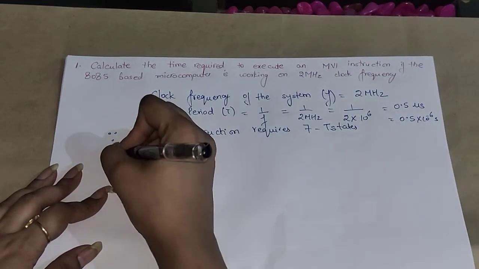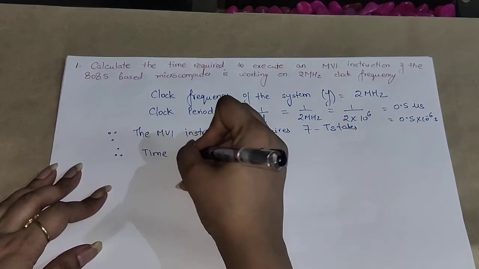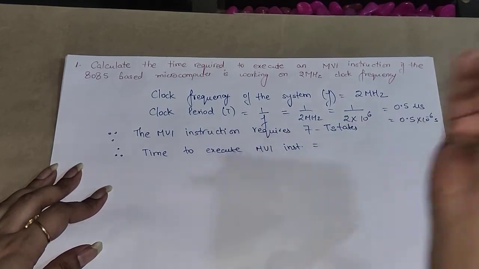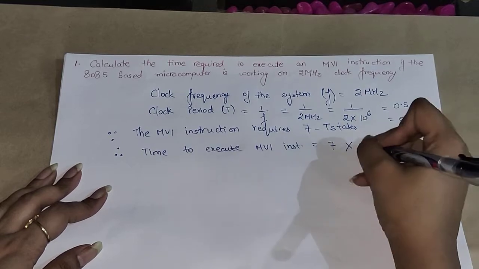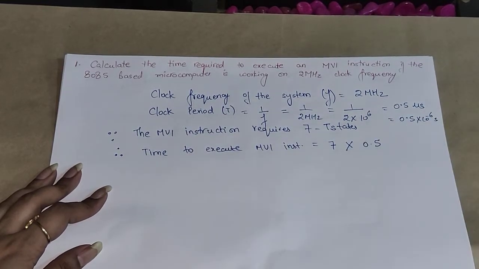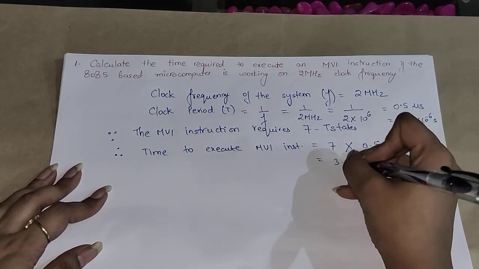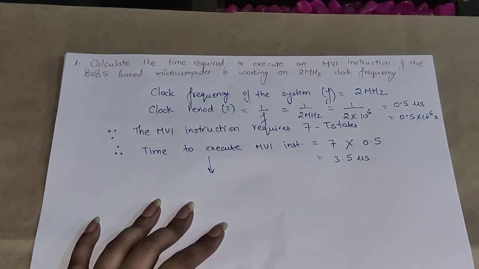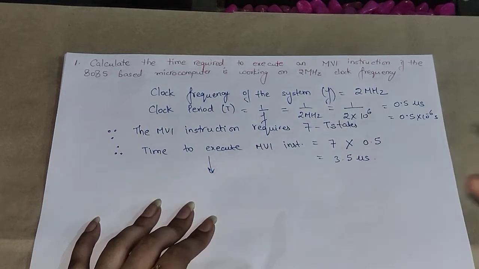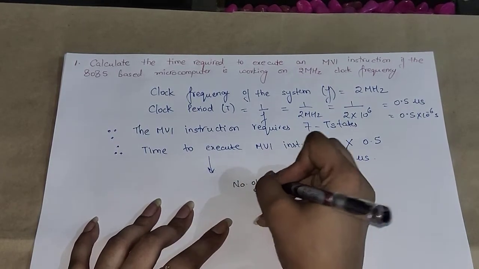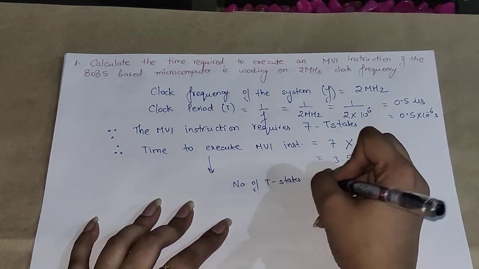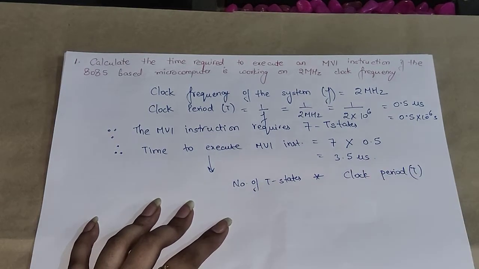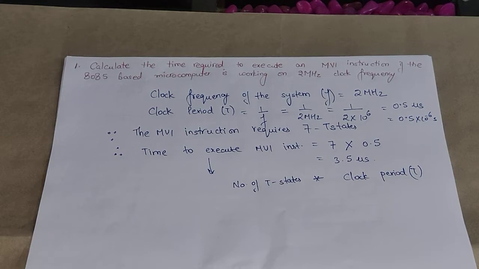So therefore, the time to execute an MVI instruction is equal to the number of T states multiplied by the clock period T, that is 7 into 0.5 microseconds, which is 3.5 microseconds.